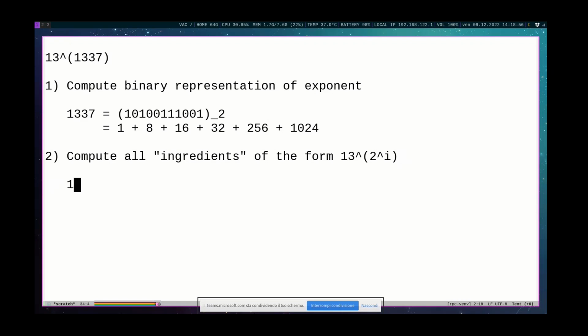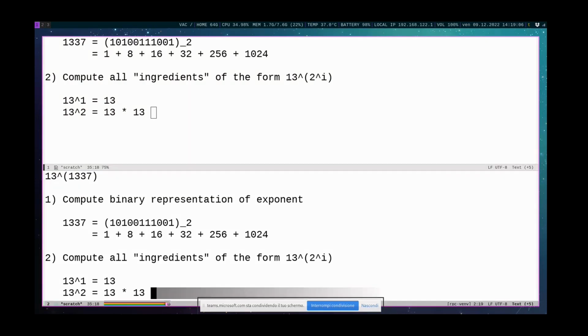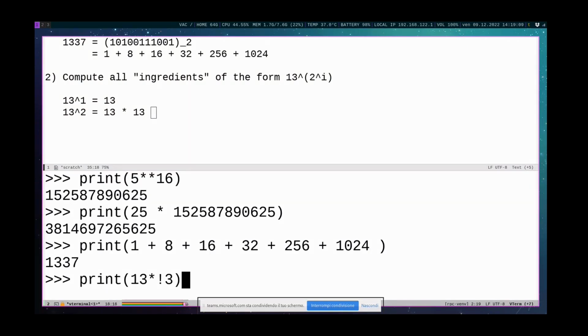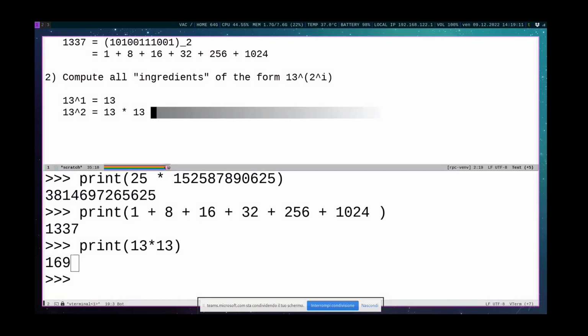In this case, it is 13 to the 1, which is just 13. 13 to the 2, which is 13 times 13, so we compute it. That's 169. 13 to the 4, which is 13 to the 2 times 13 to the 2, which is 169 times 169.